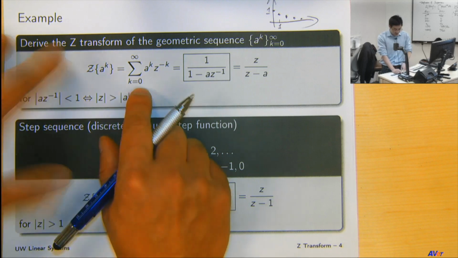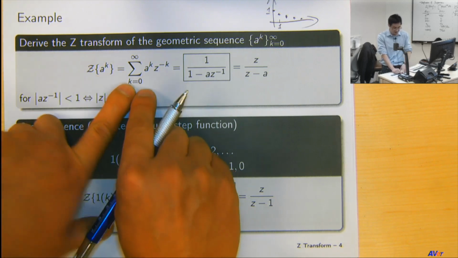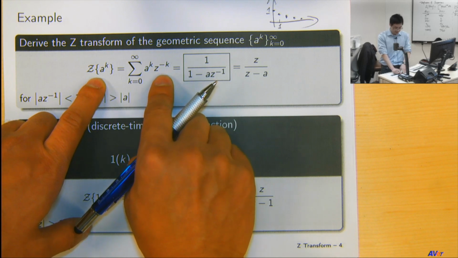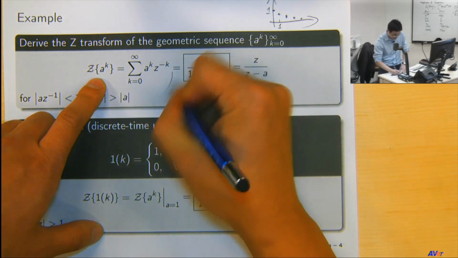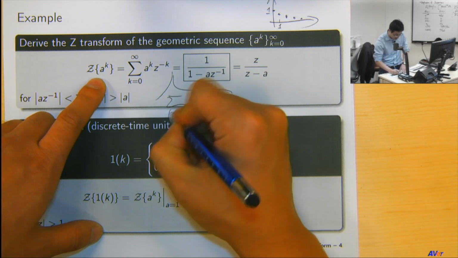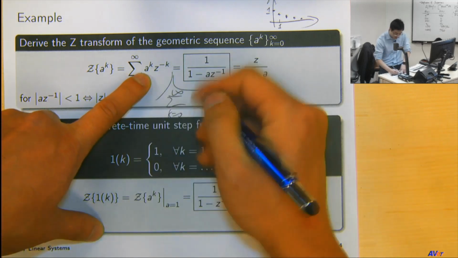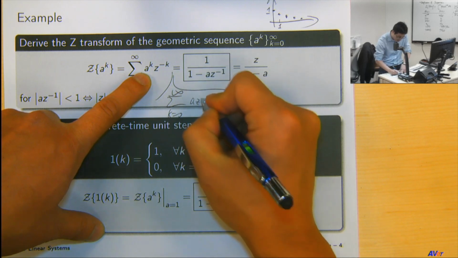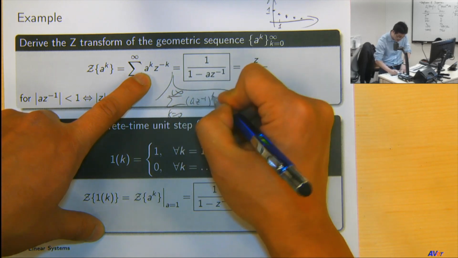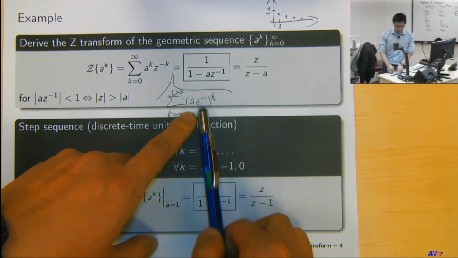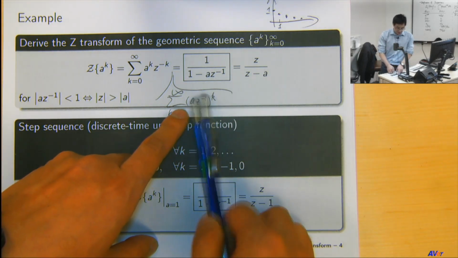So by definition, we have the summation from 0 to infinity of a to the k times z to the power of negative k. And you can see the two terms, I can combine them into (a z negative 1) to the k. So consider this as a new, let's say, x.